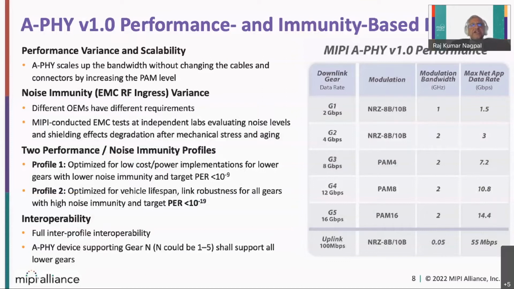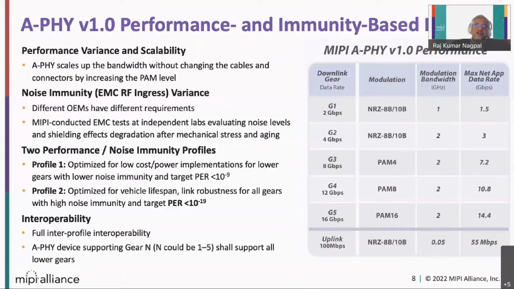In the downlink, the gears support different data rates like 2 gigabits per second, 4, 8, or 12 and 16 gigabits per second. Gear 1 and 2 support NRZ, and gear 3, 4, and 5 support PAM-X, like PAM4, 8, and 16. This is my modulation bandwidth, which is the Nyquist bandwidth, and this is the effective throughput of my data delivery.